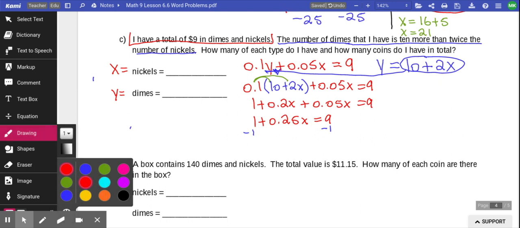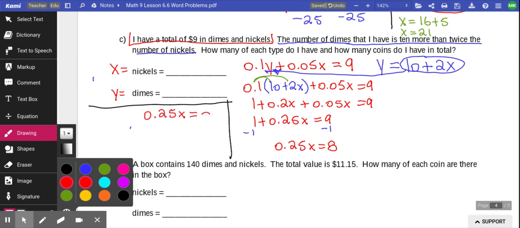That means I have 0.25x equals 8. I'm going to reorganize my work a little bit. I'm just going to put it over here. So I have 0.25x equals 8. If I wanted to solve that, I divide both sides by 0.25.